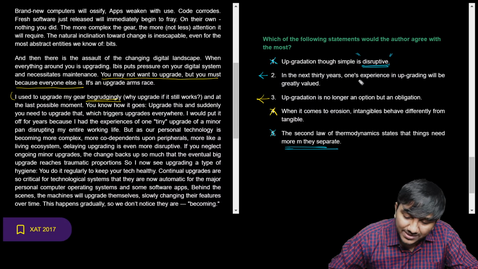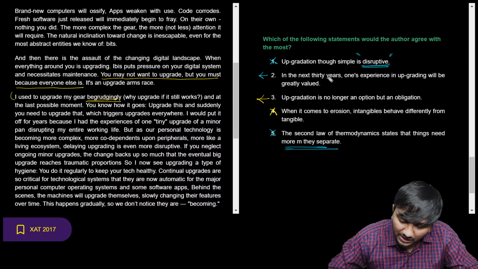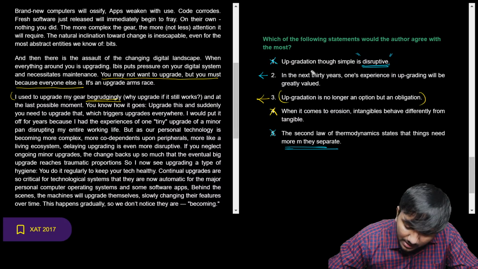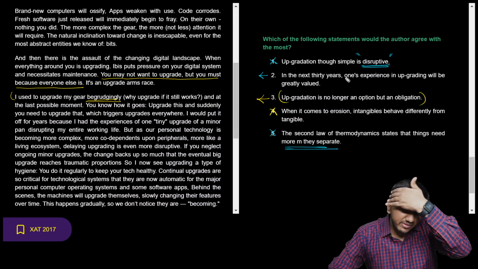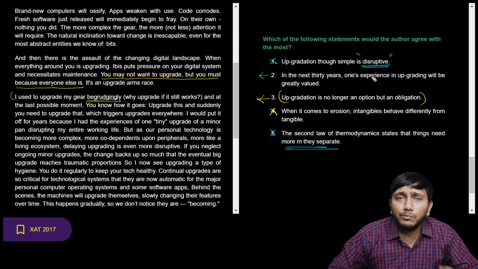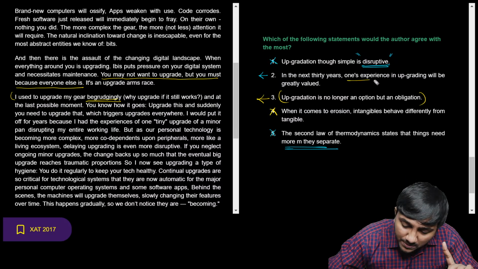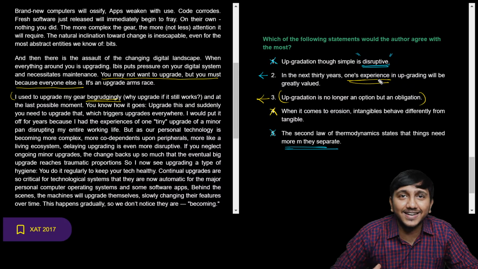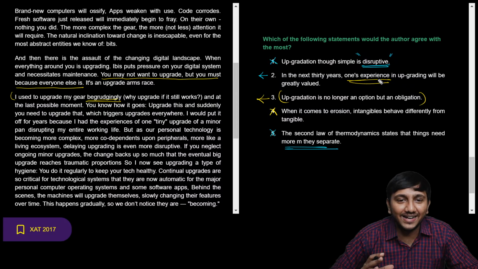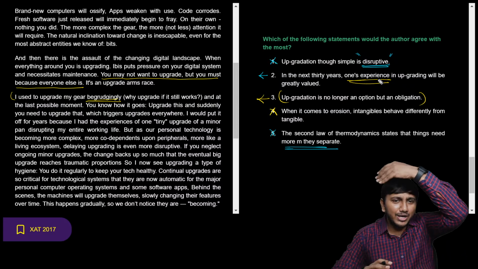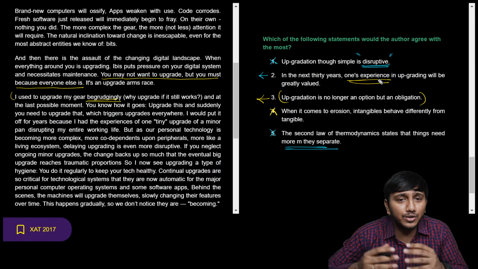In the next 30 years, one's experience in upgrading will be greatly valued. Upgradation is no longer an option. Definitely this is something given, but let's look at this: one's experience in upgrading will be greatly valued. Now someone could actually argue that your experience of upgrading itself will require upgradation. That's what he is trying to tell, right? You are going to remain a newbie forever because things are going to change so much.